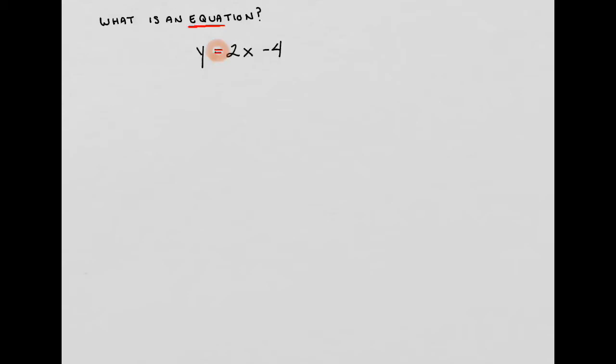The next thing to think about is that an equation is anchored on either side of the equal sign using expressions. In one case, we have an expression of y on the left, and then an expression of 2x minus 4 on the right. Please note that an expression can just be a variable.